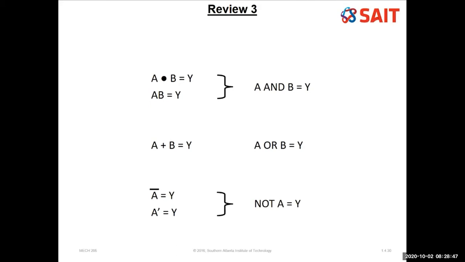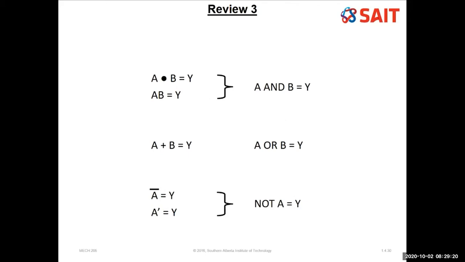A and B equals Y, or AB equals Y. I can write it out explicitly, A and B equals Y. A plus B equals Y. Well, it's not plus, it's A or B equals Y. Most people are going to see that and think back to high school mathematics, when they started using letters instead of numbers, and complain that this wasn't really math. That's not the case. This is just Boolean logic. A or B equals Y.